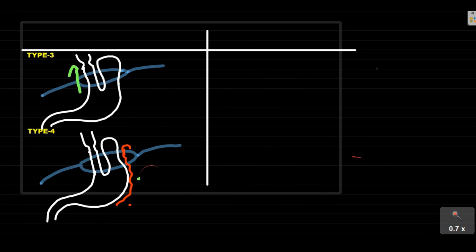Now let's talk about type 3. Type 3 is known as mixed paraesophageal hernia. Why? Because over here, along with the fundus, even the gastroesophageal junction is above the diaphragm, as shown here. So clinically, they'll present a mixed symptom of both type 1 and type 2.